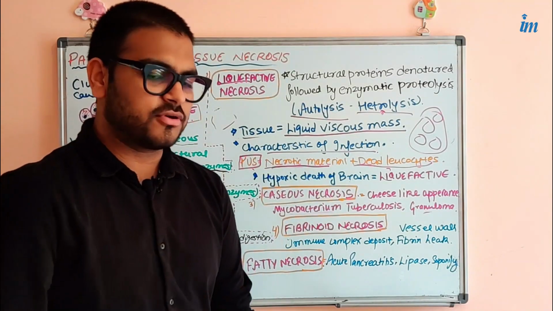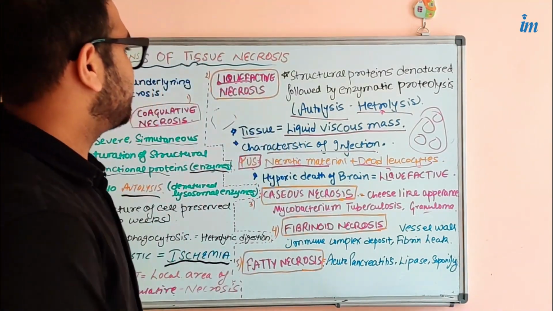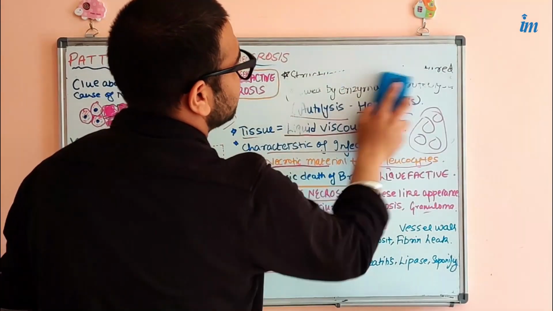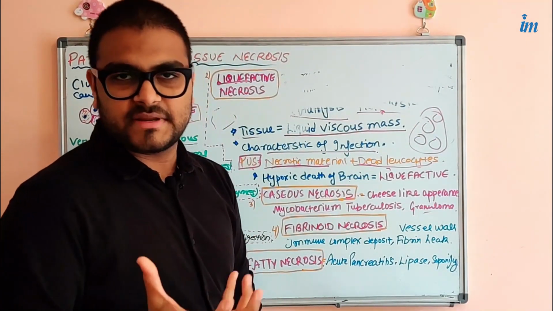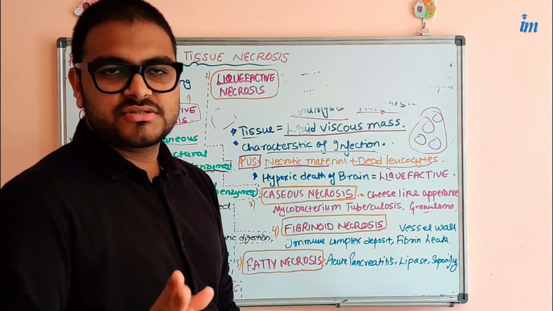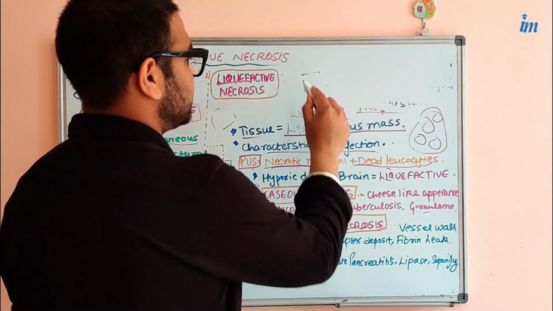Okay, then we have fibrinoid necrosis. Fibrinoid necrosis happens because of immune complexes. We'll talk about it later in some other video.